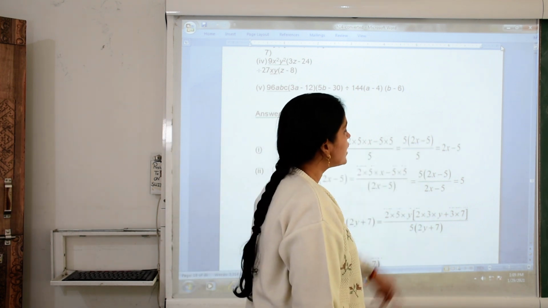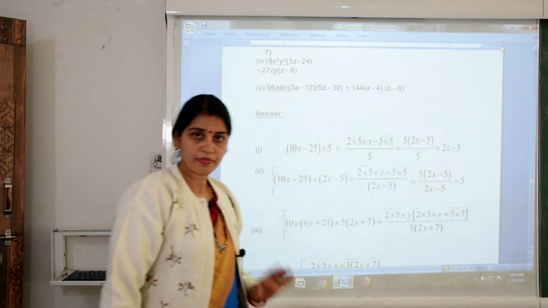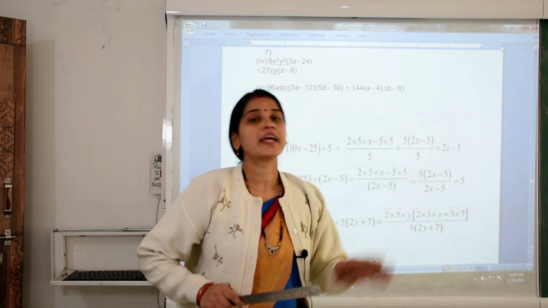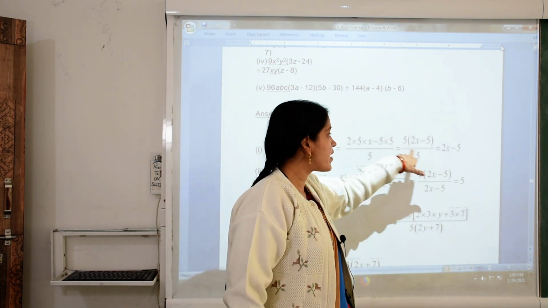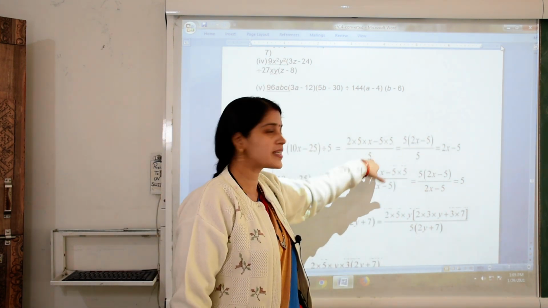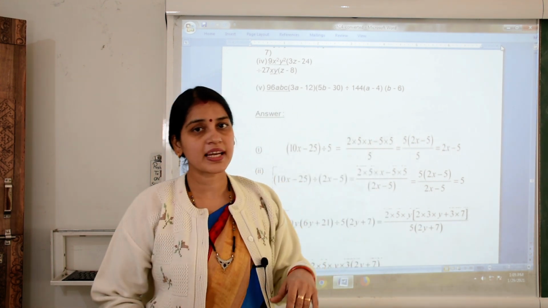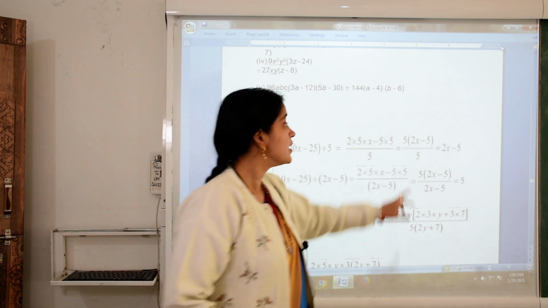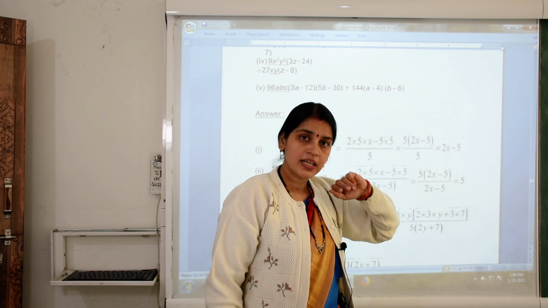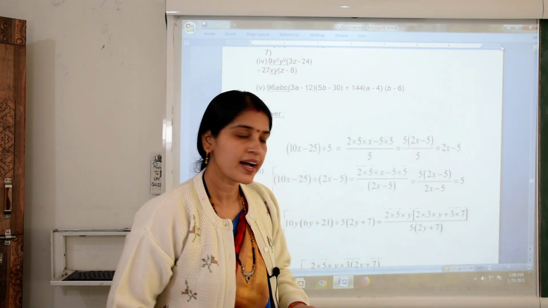So 5 bracket 2x minus 5, and in the denominator we have 5. Now this is in the form of a product. Now there is a bracket, bracket means multiplication. Now you can cut this 5 and this 5, but we could not cut them earlier because a minus sign was given. If a minus or plus sign is given in between, then you cannot cut it. Okay, first you take common and then cut. So this 5 and this 5 get cut and left is 2x minus 5, which is our answer.